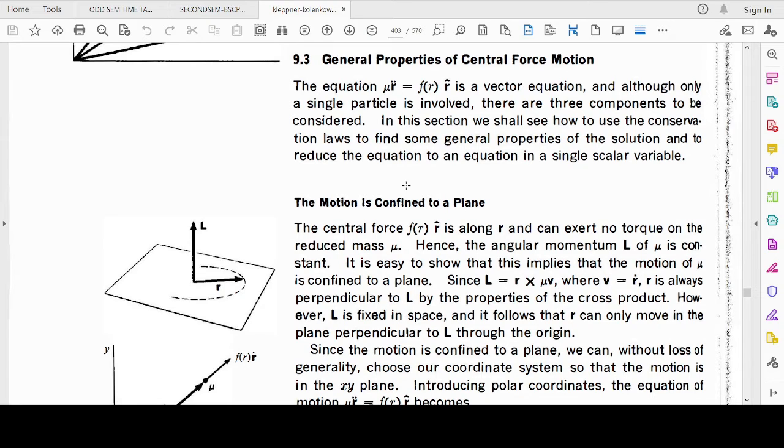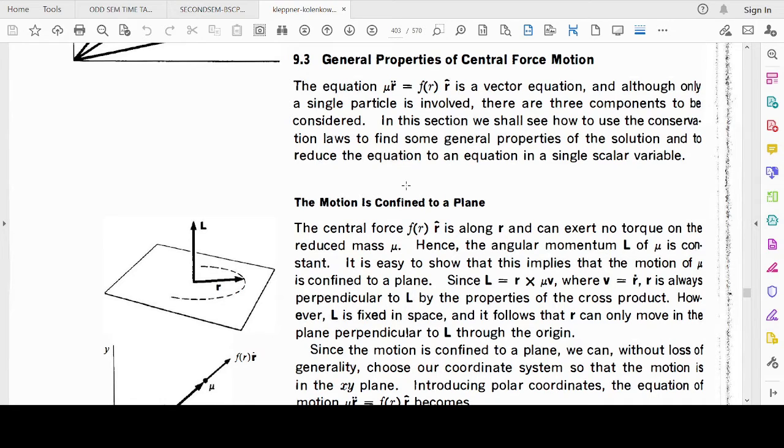So if the torque is zero, then what will happen to the angular momentum? The relation says that the rate of change of angular momentum is the torque. But we know that the torque is zero for a central force. We can say that dL by dt is equal to zero.